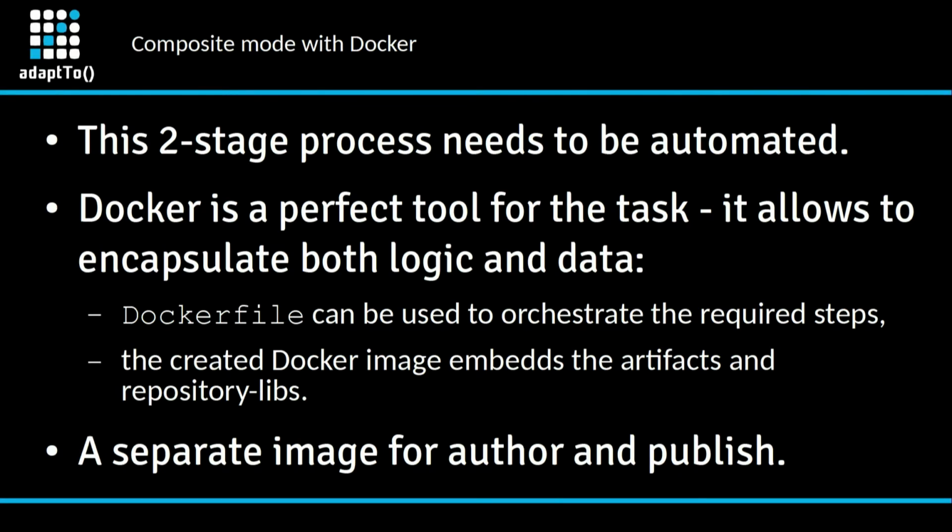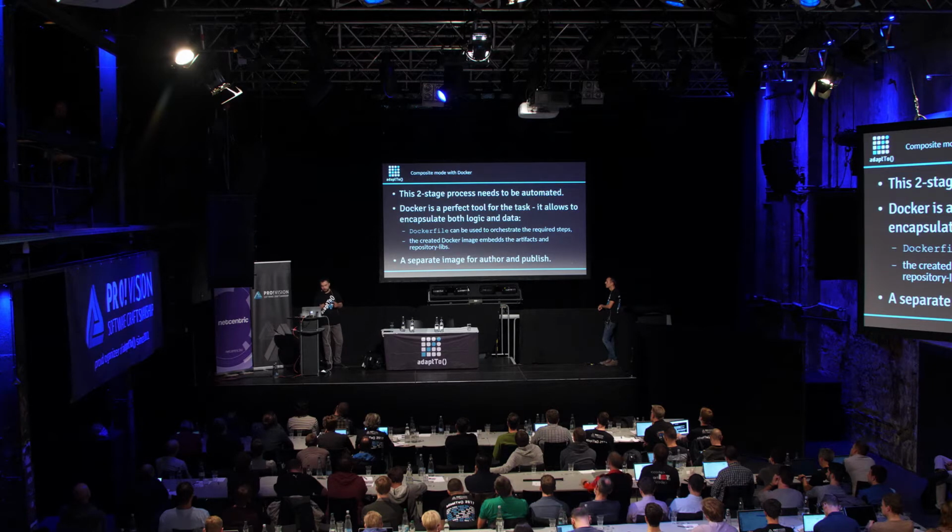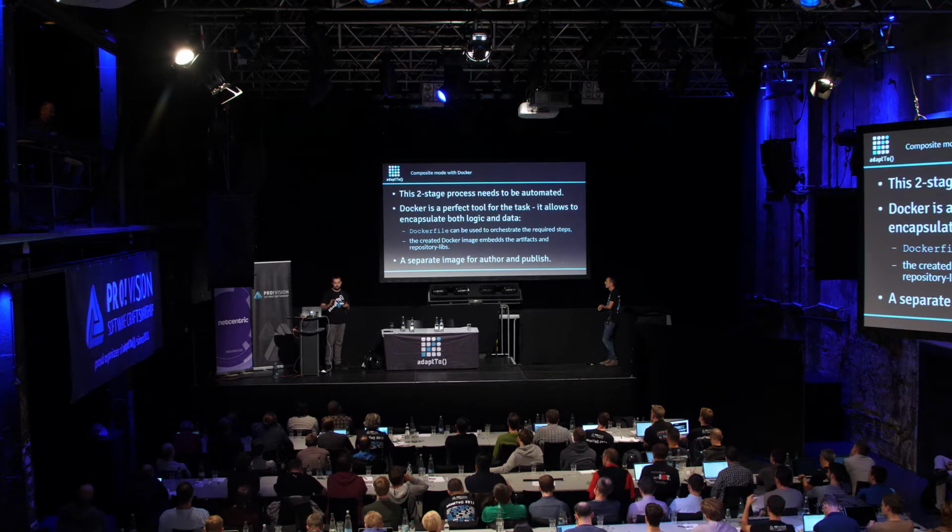So this process may seem a bit complicated, and certainly would be if someone wants to perform all the steps manually. And we needed some kind of tool that can be used to automate the whole process. And the other thing is that at some point we end up with this repository libs directory. It's not entirely clear what we should do with this.